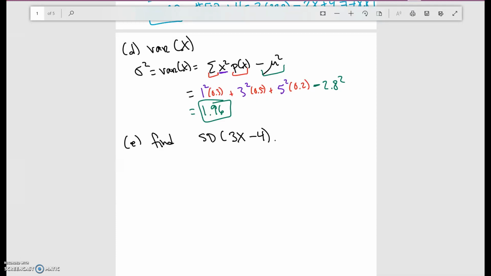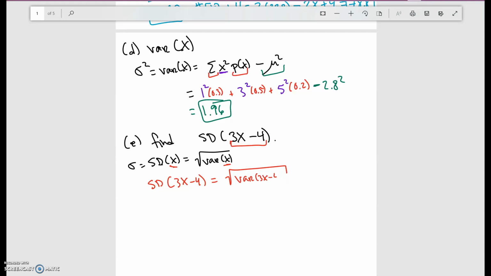Well, the standard deviation, if you remember, SD of x, which is sigma, is equal to the square root of the variance. We do not want x. What we want is 3x minus 4. So the standard deviation of 3x minus 4 is going to be the square root of the variance of 3x minus 4.